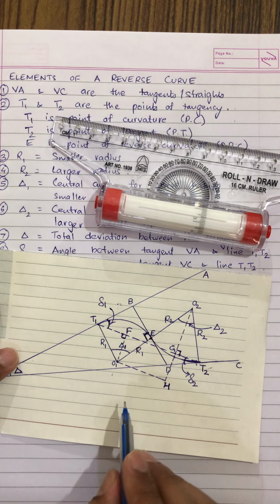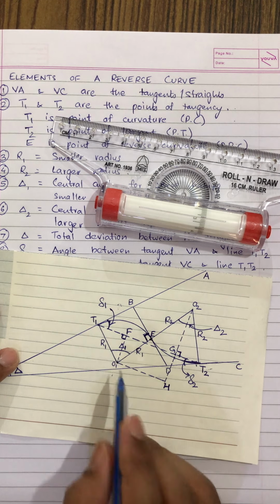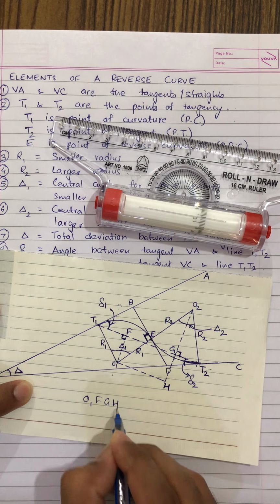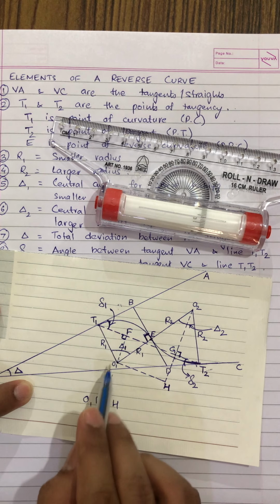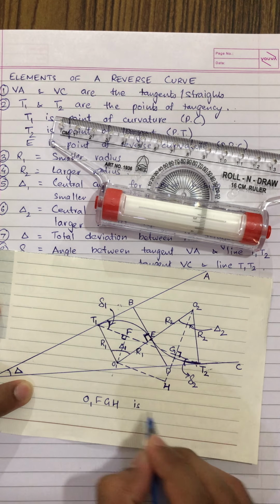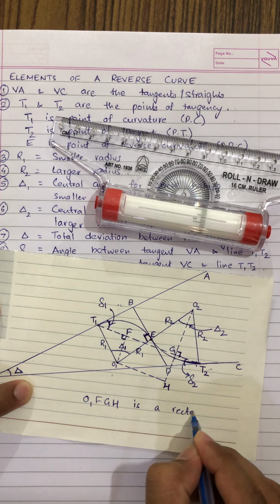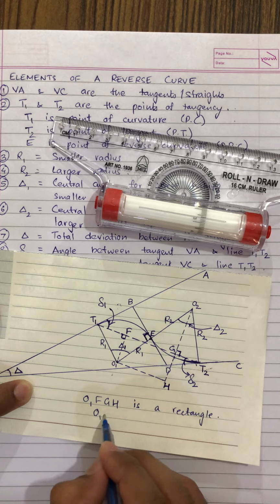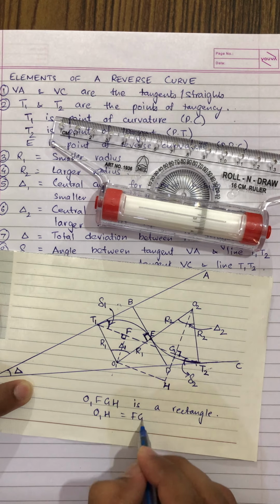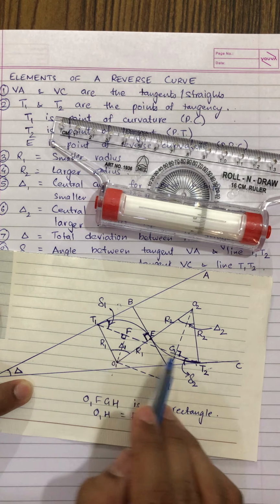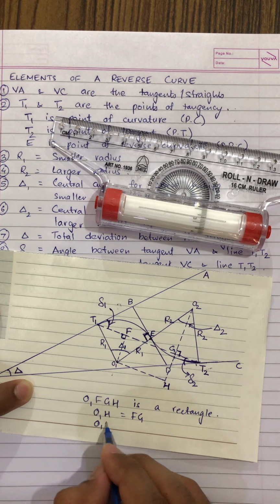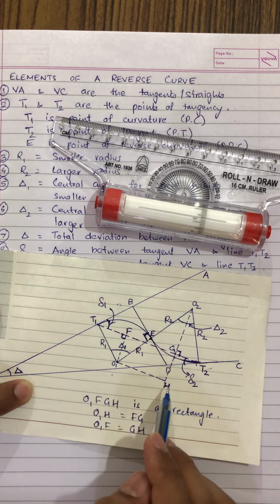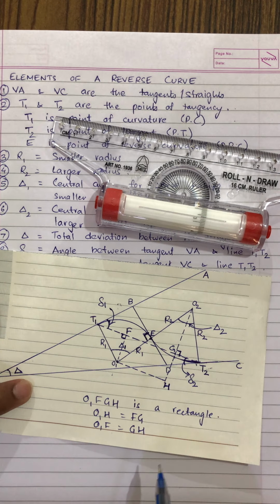Okay, so if we consider, this is actually a rectangle. This O1, F, G, H is a rectangle. Okay, so here O1H will be equal to FG, and O1F will be equal to GH. Fine.